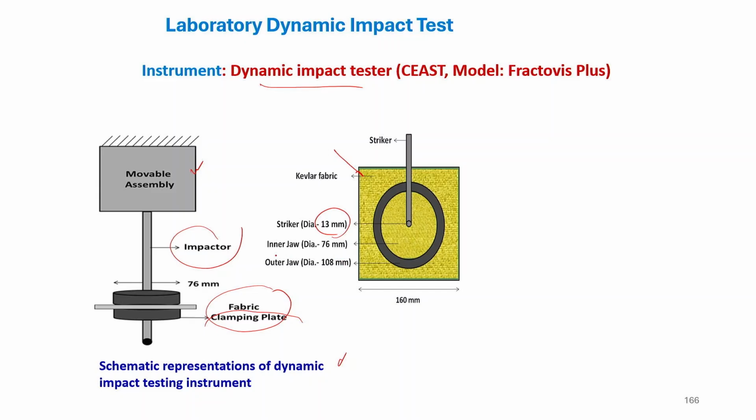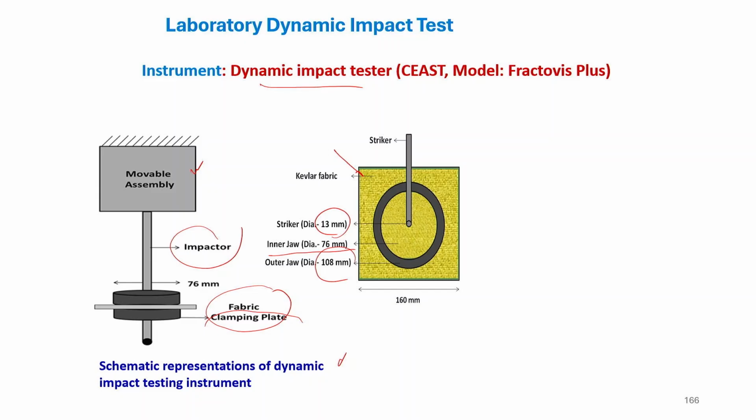The inner jaw, which is the grip, has a diameter of 76 millimeter, and the outer jaw diameter is 108 millimeter.